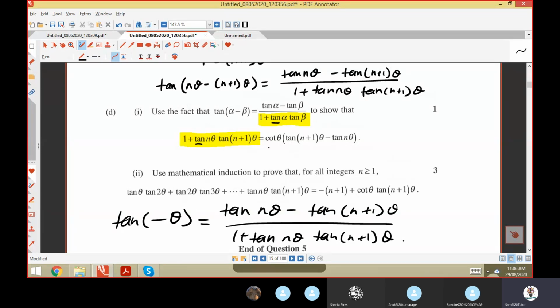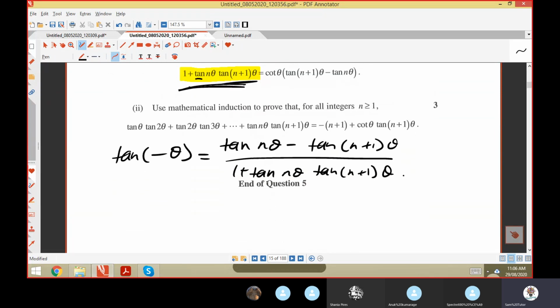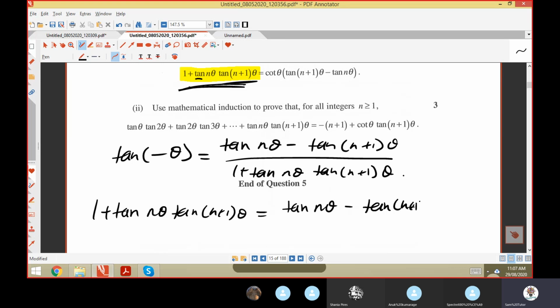How come I know that? Because it tells me to move it to the left-hand side. So next line, I'll move this whole thing to the left, which will look like this. Equals tan n theta minus tan n plus 1 theta on tan negative theta.